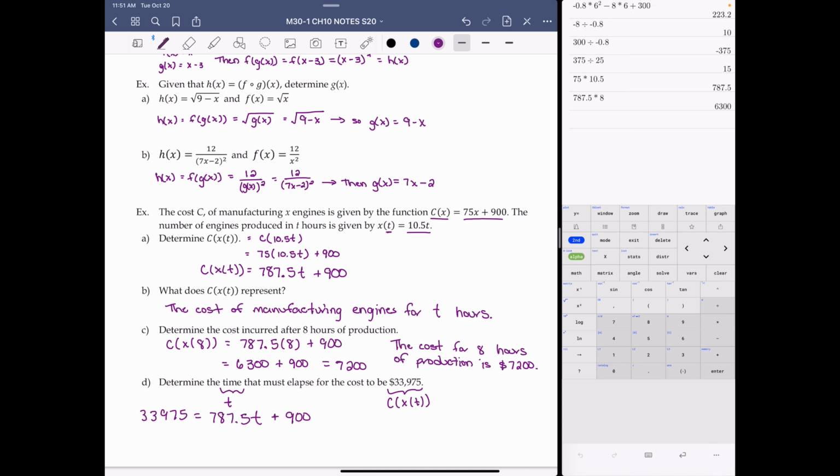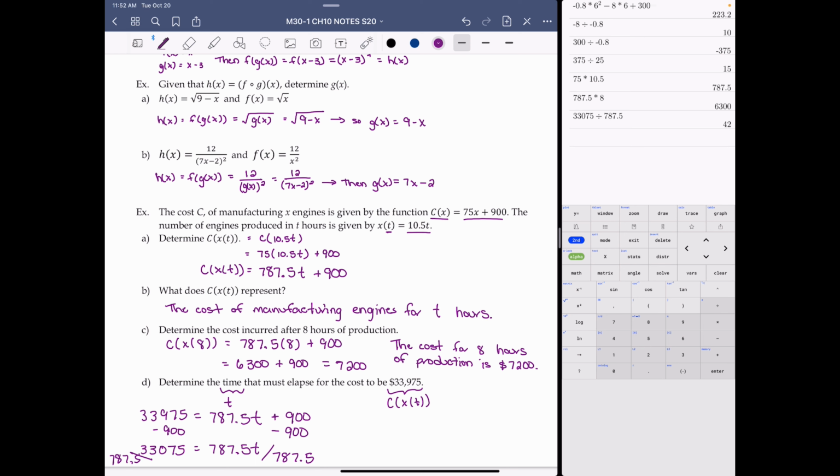We subtract 900 from both sides. We get 33,075 = 787.5t. Then we divide both sides by 787.5. 33,075 divided by 787.5 gives us 42.